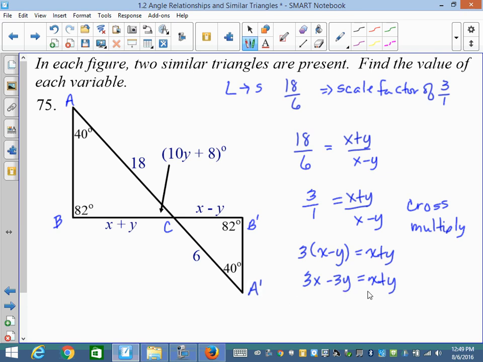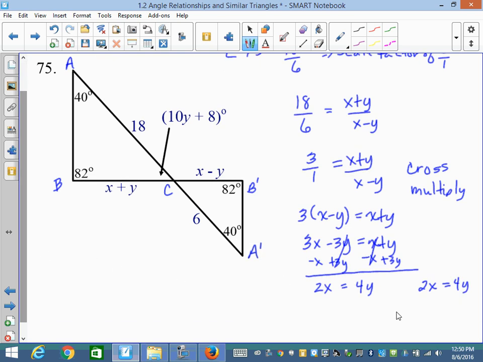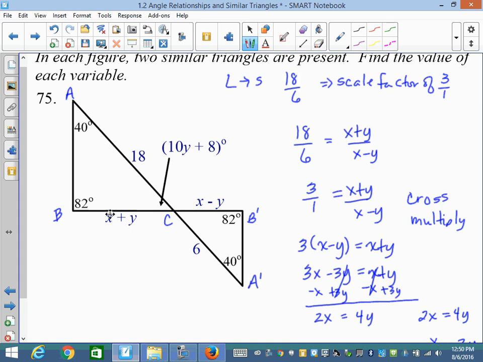So if I move the x over here, and move the y's the other way, I get 2x equals 4y, these cancel out. So 2x must equal 4y, or x equals 2y.